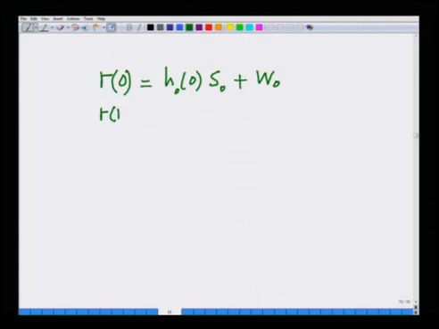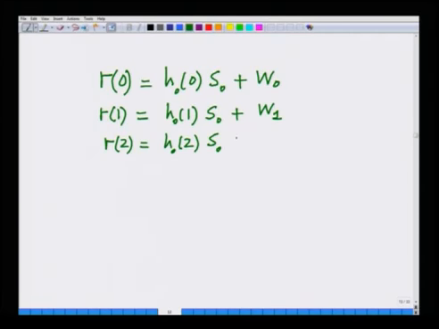R 1 equals H 0 of 1, the channel coefficient of user 0 corresponding to lag 1, times S 0 plus W 1, the noise and interference corresponding to the second decorrelation with C 0 m minus 1. R 2 is H 0 2 S 0 plus W 2, corresponding to decorrelation with C 0 m minus 2, and so on and so forth.